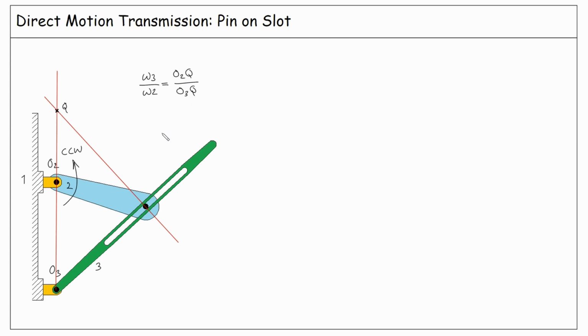And since point Q is somewhere outside of the distance between the centers, the angular velocities must be in the same direction, meaning that link 3 must also rotate counterclockwise.